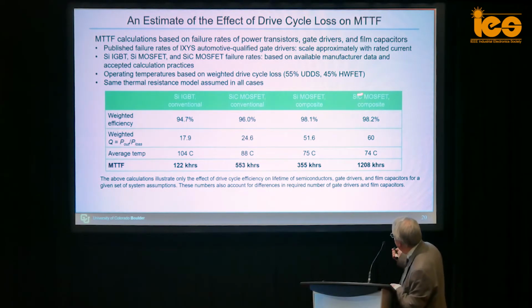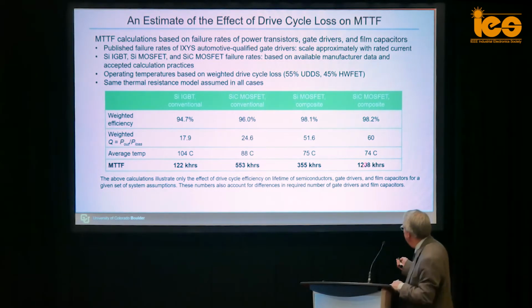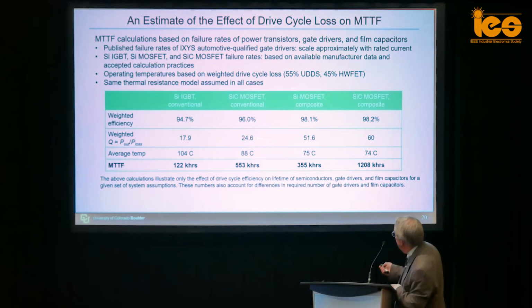And then if you put silicon carbide in the composite approach, we get a little bit better efficiency and better weighted Q, and we're getting significantly higher mean time to failure. It's really a combination of the best efforts of these two things.